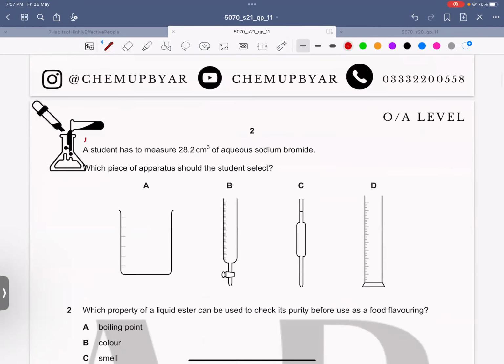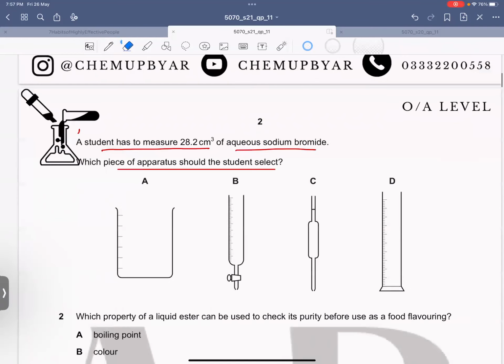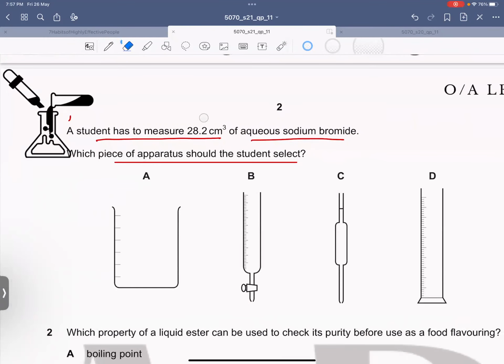A student has to measure 28.2 centimeter cube of aqueous sodium bromide. Which piece of apparatus should the student select? If you look at this one, they have given you that you have to measure 28.2 centimeter cube, right?